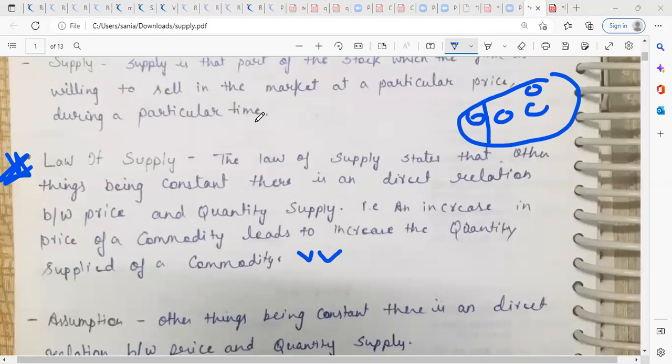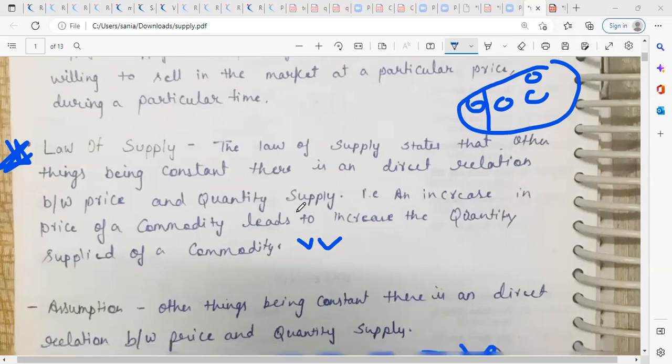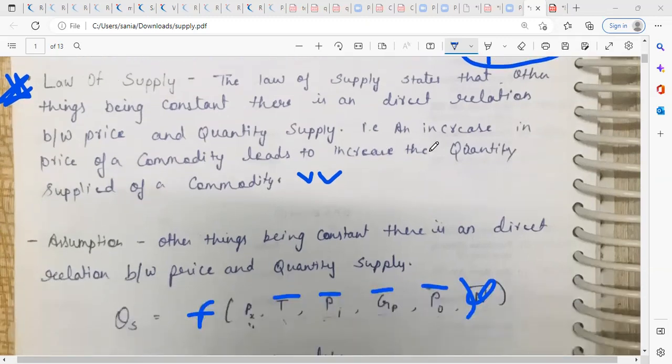So law of supply simply means that, other things being constant, there is a direct relationship between price of a commodity and quantity supplied. That means if price of a commodity increases, it leads to an increase in quantity supplied of the commodity. And I already mentioned why we are not writing only supply, why we are writing quantity supplied.